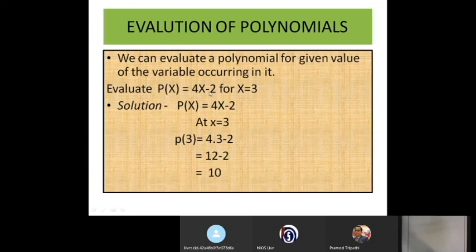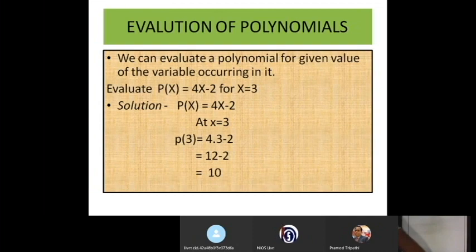We find the value of this polynomial at x equal to 3. So P(3) is 4 into 3 minus 2, 12 minus 2, the value of the polynomial at x equal to 3 is 10. So we can find the value of any polynomial at a given value of the variable.